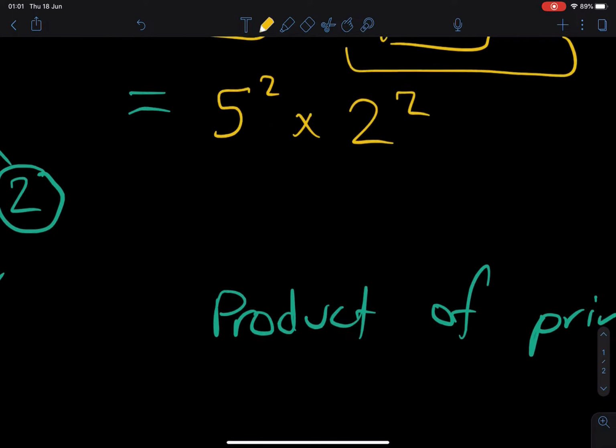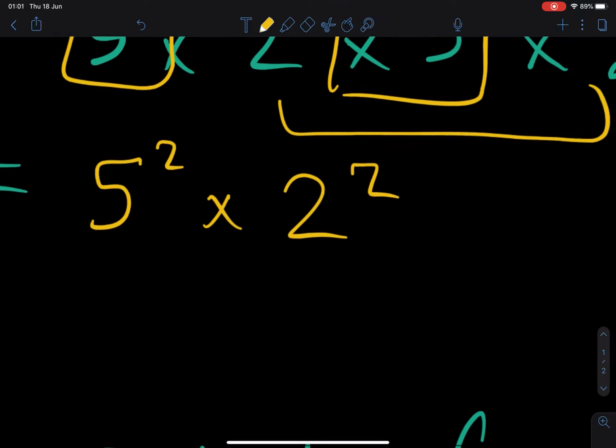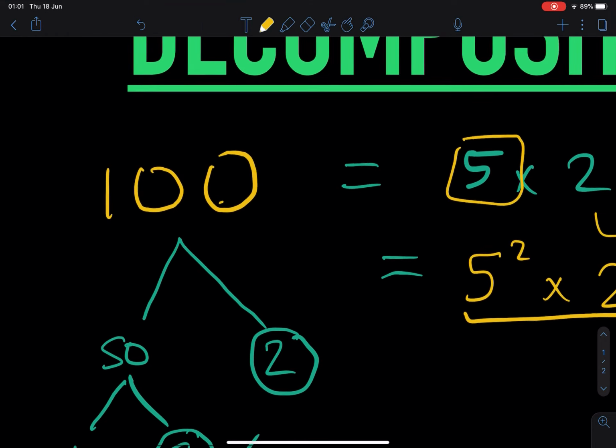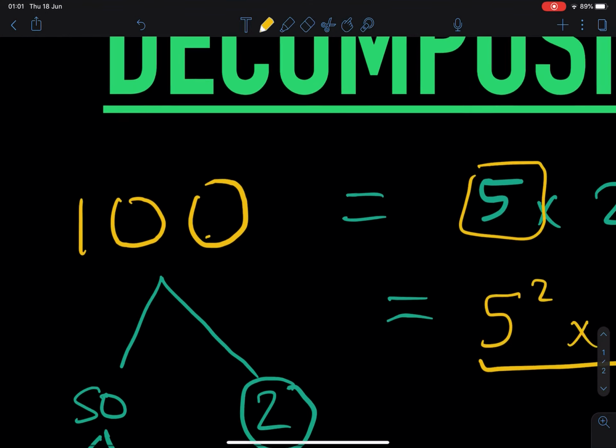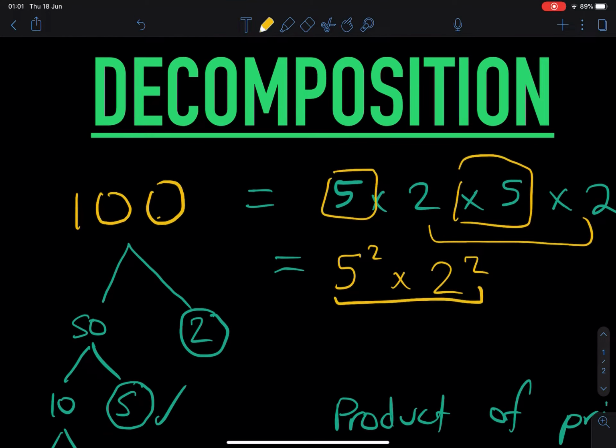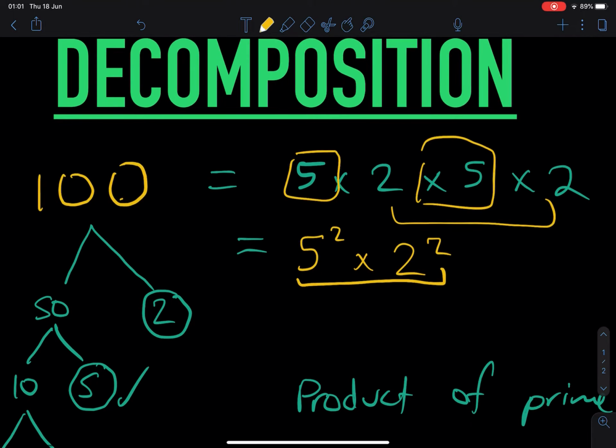If I've done it correctly, this product of primes should multiply to give me the number over here. So 5 squared is 25, 2 squared is 4, and 25 times 4 is 100. So I know I've done it correctly.